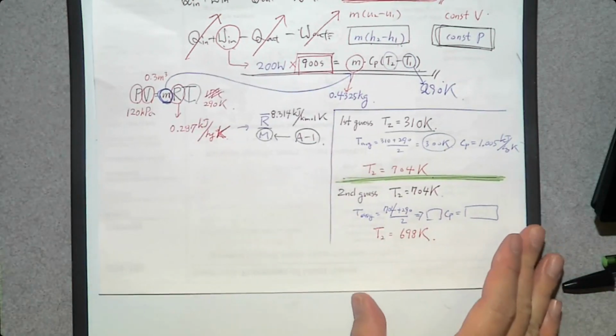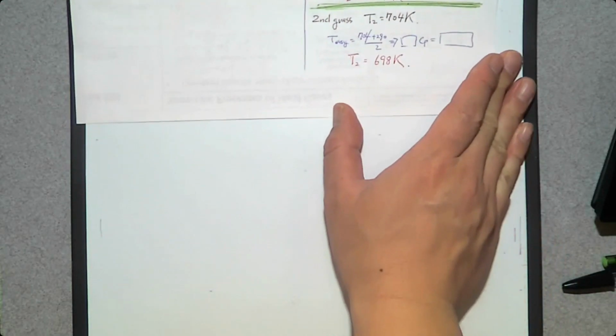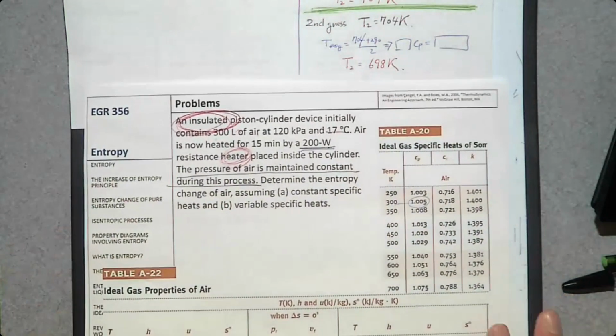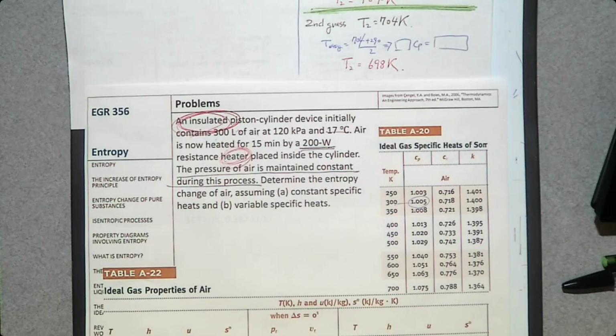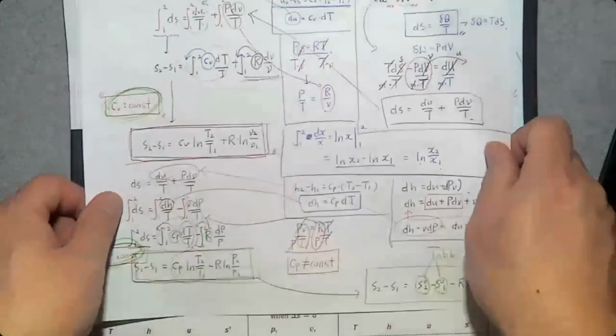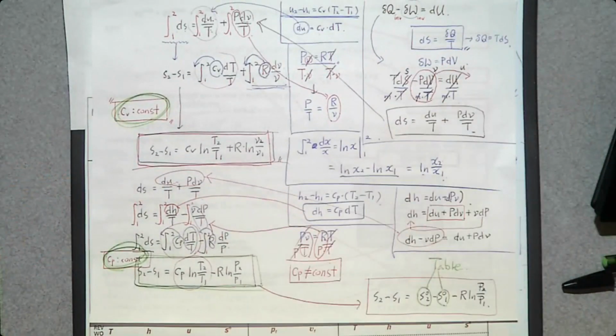So once you determine the final temperature, now it's time to determine the entropy change. So let's determine the entropy change of air, assuming constant specific heat. This is the equation. These two are the equations that we can use for constant specific heat. So which one? We know the process is a constant pressure process, so we have information about pressure change.